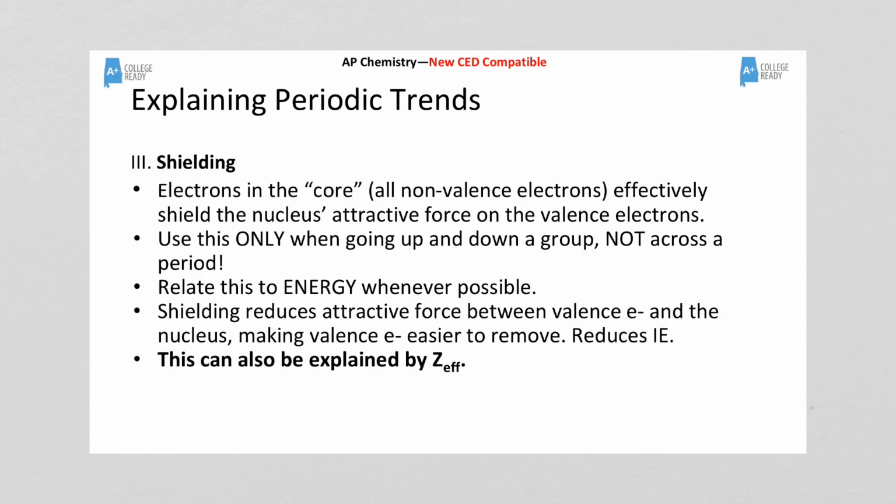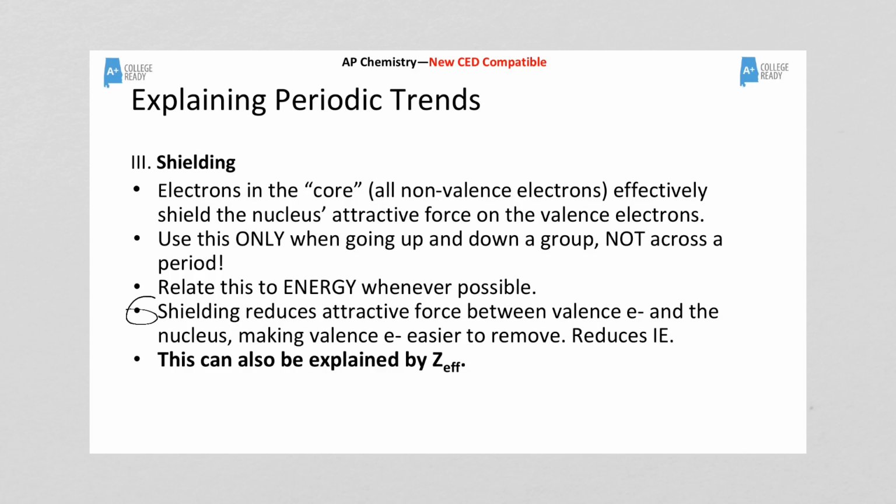If we talk about Coulomb's law, it kind of takes care of this. As you look at this bulleted point, shielding reduces the attractive force between valence electrons and the nucleus, making valence electrons easy to remove.